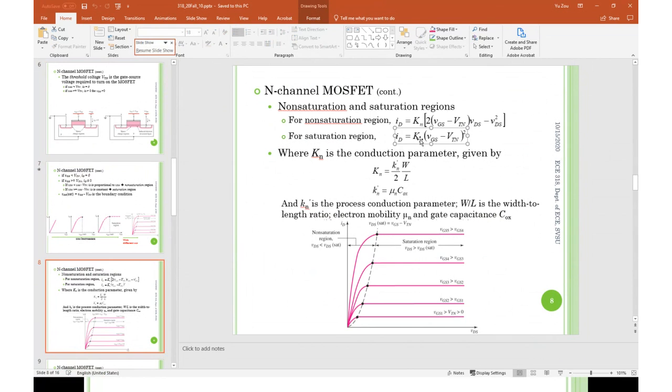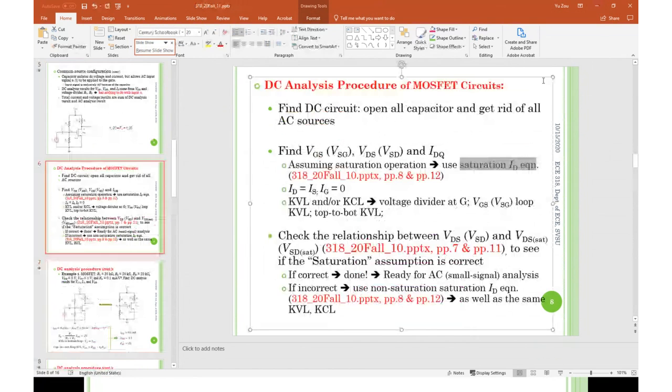KN is given, VTN is given. So in this equation, you have ID and VGS, 2 unknowns. We have multiple unknowns, but we have multiple equations too, so don't worry. Of course, this is a quadratic equation, so in terms of algebra, you're expecting to receive what? 2 solutions, 2 roots. So you use this equation, and then you have these 2 equations.